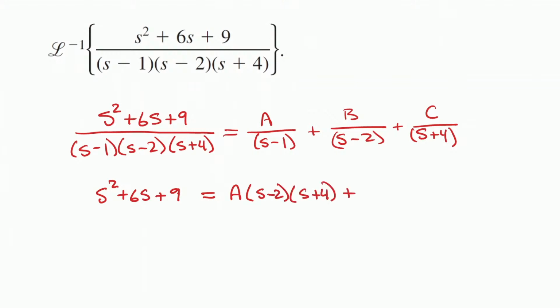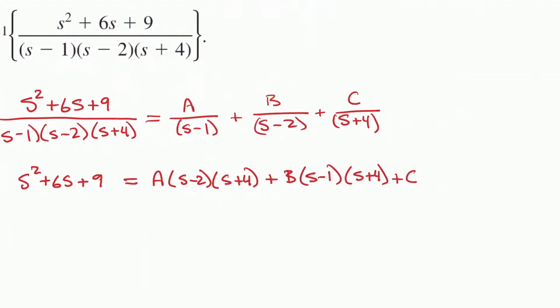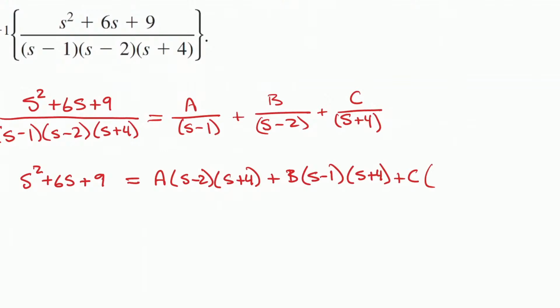In a similar fashion, the s minus 2 will cancel with the s minus 2 under the b, which will leave you with these. And then finally, the s plus 4 cancels with the s plus 4 under the c. It still looks like a nightmare, doesn't it?